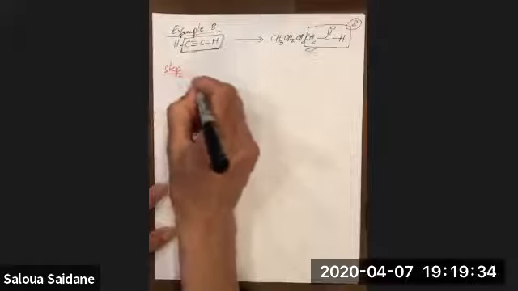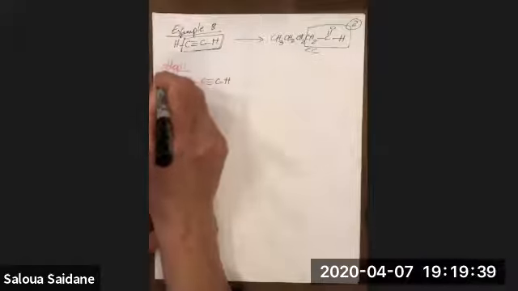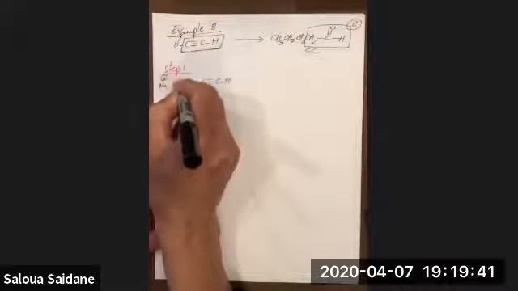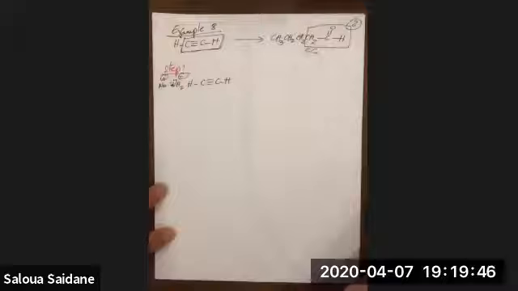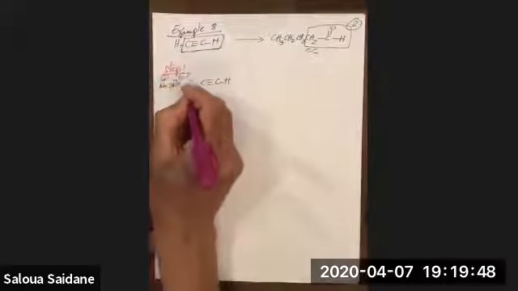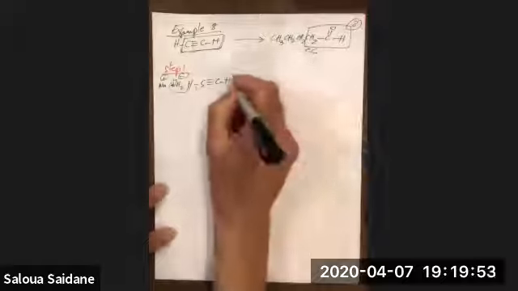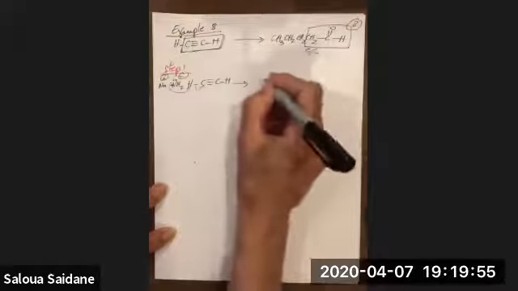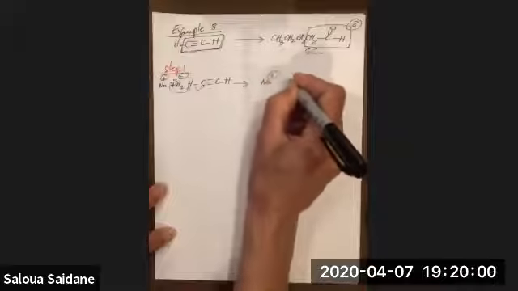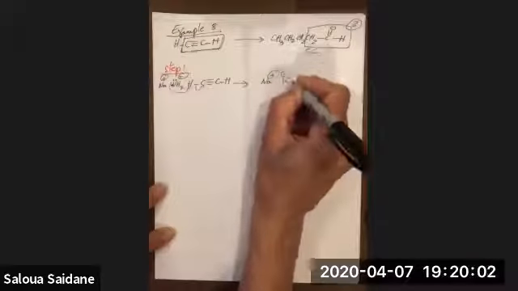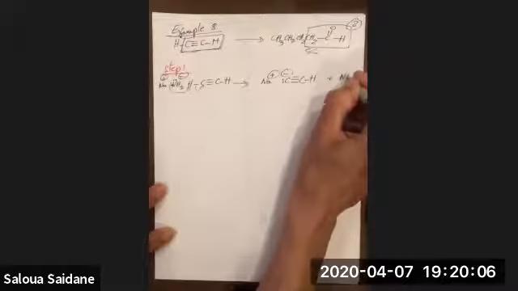So HCCH, I'm going to bring Na plus and NH2 minus. So this grabs the H, this opens, and we get the acetylide ion. So it's going to be Na plus, and then C minus CH plus NH3 gas.